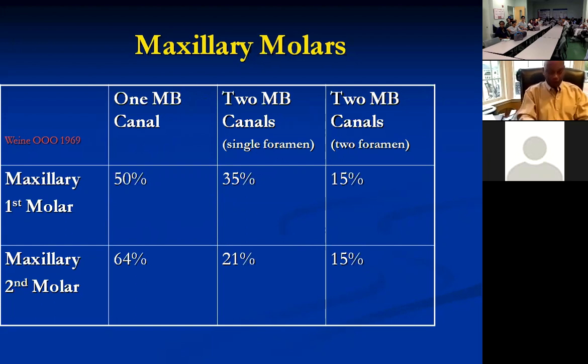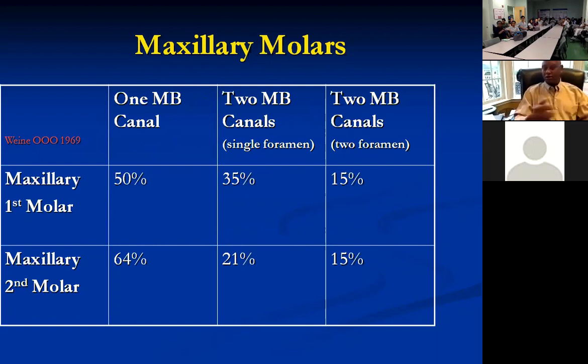So when we're looking at these maxillary molars, how many have 1 canal in the mesial buccal root? When we look at maxillary first molars, according to Weine's study, 50% of them have 1 canal in the mesial buccal root.